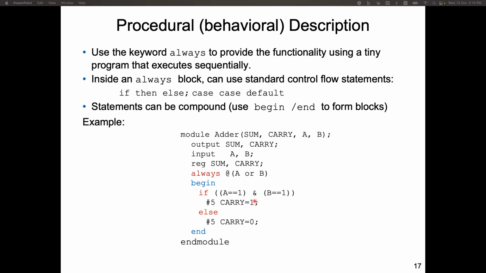Under this condition, you pass the 1 value into the carrier output after 5 units of delay. You may put a sum here. Else, you pass a 0 to the carrier output.